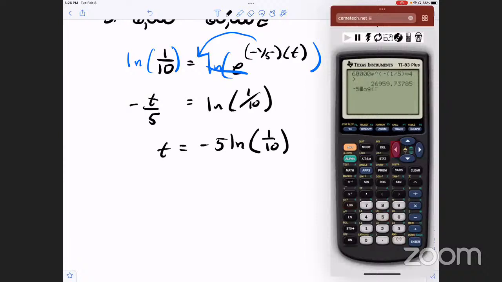Years. About 11 point, we could say 5, I'm going to say 513. So 11.513 years.